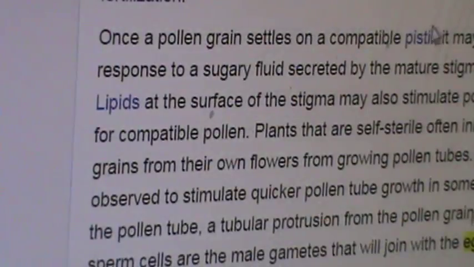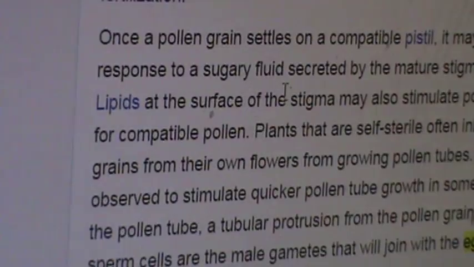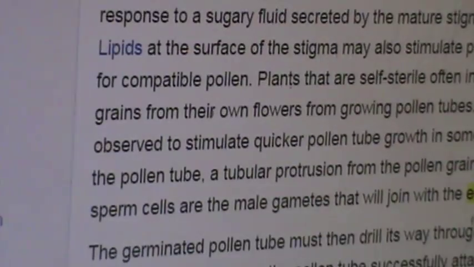Once a pollen grain, it may germinate in response to truth. Oh yeah, so multiple grains of pollen just stimulate quickly the pollen to grow. So then it produces the pollen tube, which carries the sperm cells. The sperm cell will join with the egg cell, and then the central cell. In double fertilization, germinate pollen.